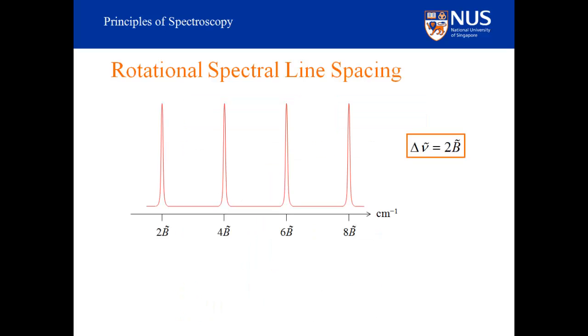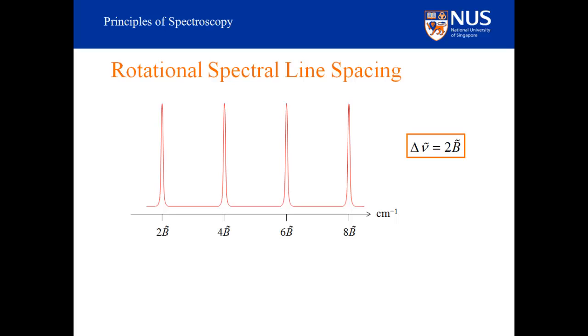So this is what the spectrum will look like. The difference between any two peaks is 2B. The lines are equally spaced. Note that the first line, associated with the transition from J equals 0 to J equals 1, is at 2B. The second line from the left is that associated with the transition from J equals 1 to J equals 2, and that is at 4B.